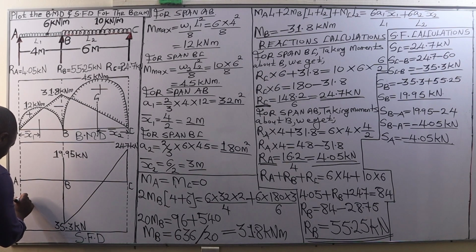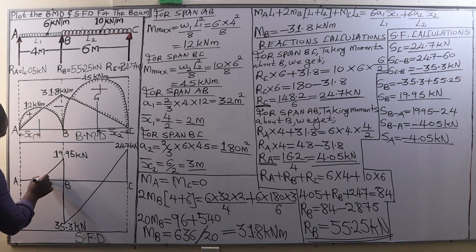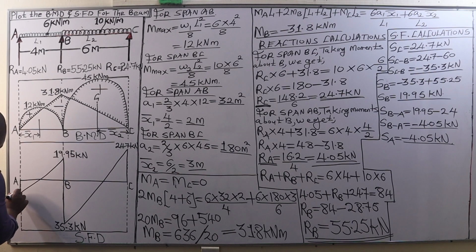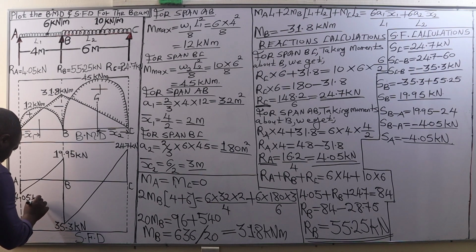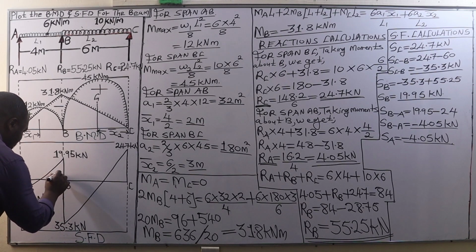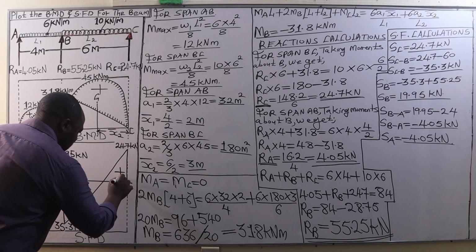So negative 4.05 is approximately at that point, and we join the two points together like that, and then the shear force at A also is equal to negative 4.05, which is at this point. So we have 4.05 kilonewtons. So this is going to be negative shear force, positive shear force, negative shear force, positive shear force.